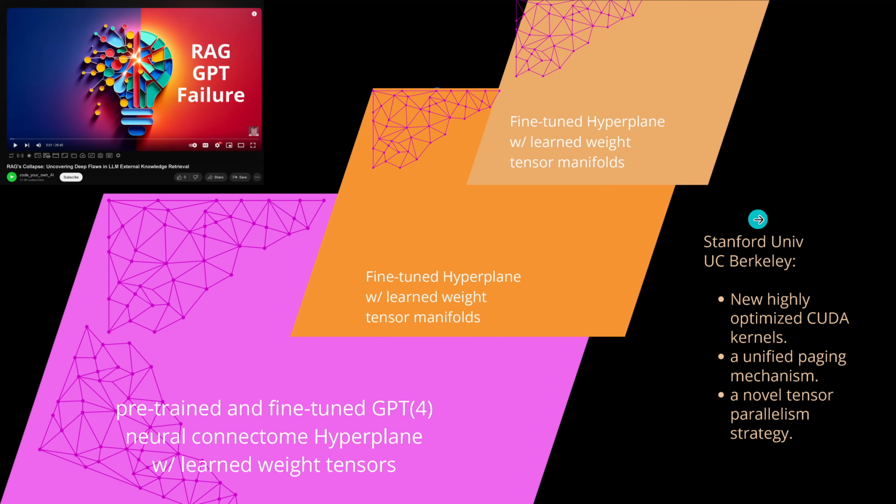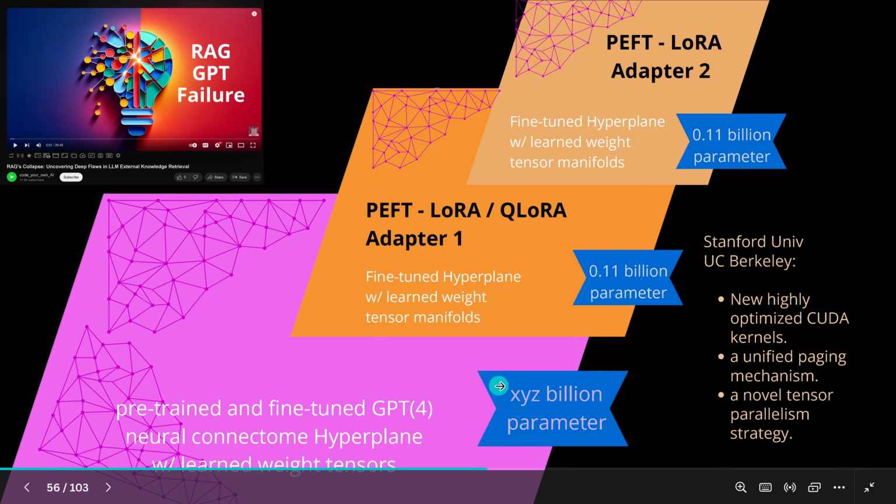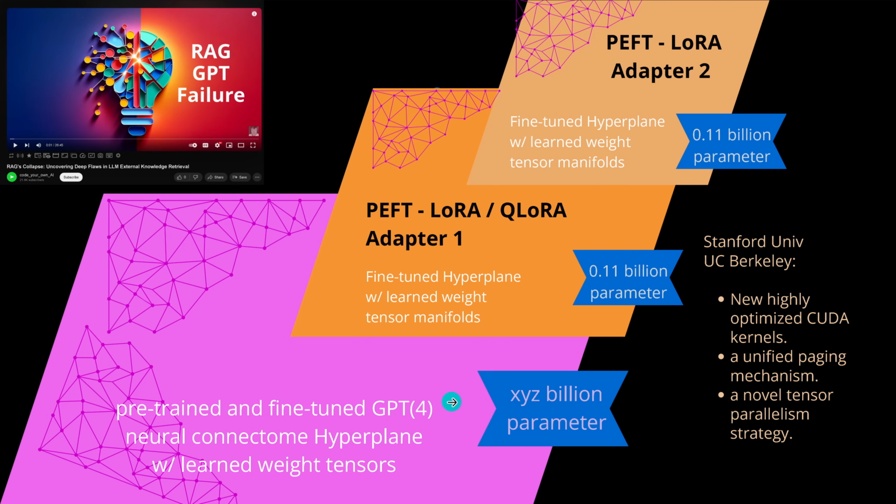And I told you there's research by Stanford University and UC Berkeley about the optimization. Now, to be a little bit more specific, so that you get a feeling: we have a huge base model, GPT-4, or choose whatever you like, with XYZ billion parameters. And now you know what my adapter is. I showed you can go with PEFT, the parameter-efficient fine-tuning, so not RAG, but fine-tuning.